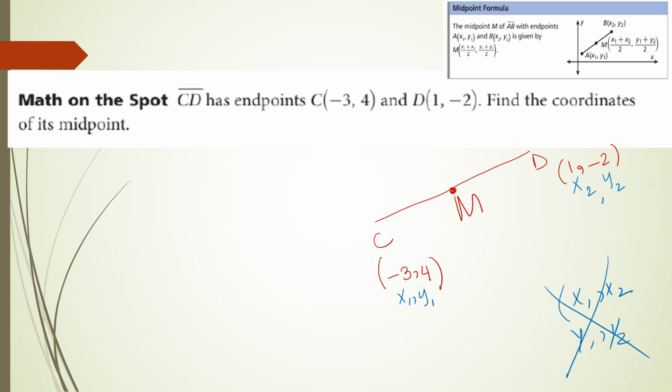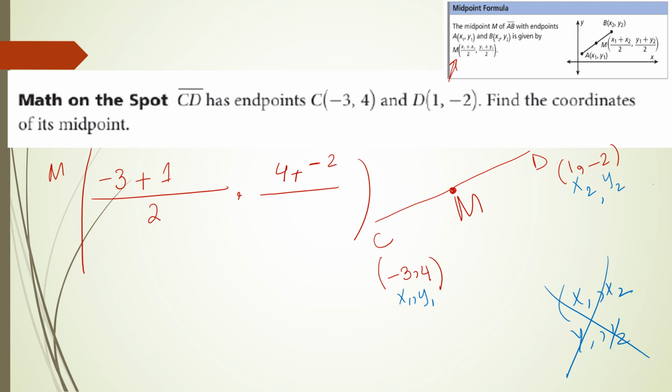Okay, now write in the formula. Formula is over here. So in order to find the midpoint, first coordinates divided by 2. So take the average of the first coordinate, that is x1 is negative 3 plus the second x2 is 1, divided by 2. Okay, now the second coordinate, it is 4 plus, and then you will have negative 2. And you know that 4 plus minus gives you minus.